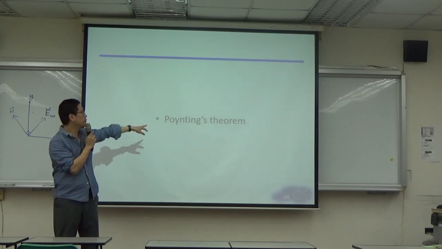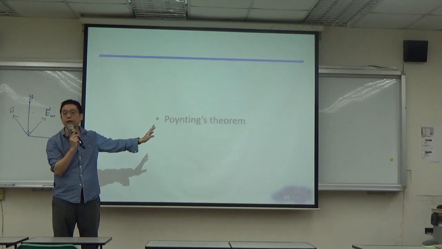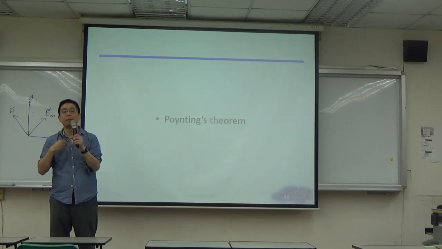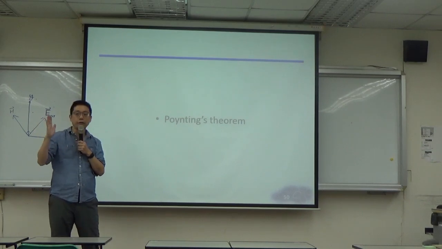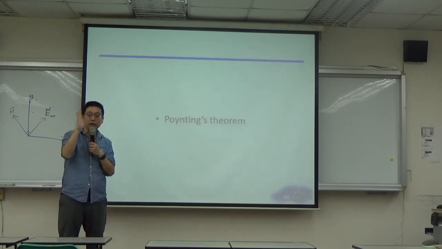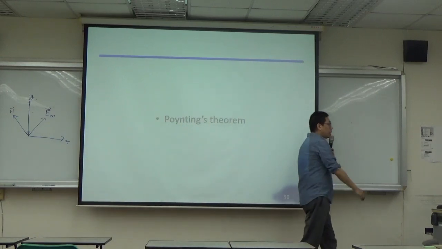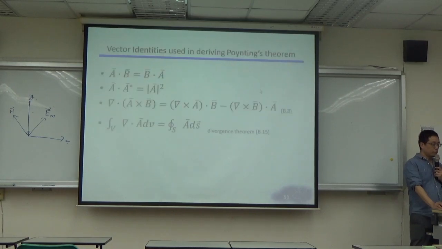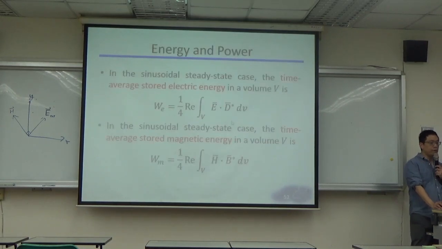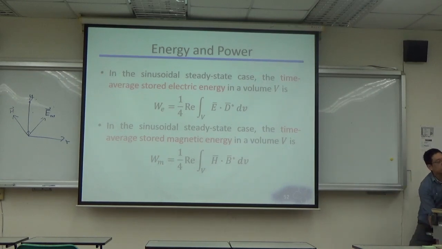This is the Poynting theory, a theory about energy propagating. Your energy is moving. Let's see how much we talk about this one. Those are the derivations. Okay, let me simplify what I want to say.